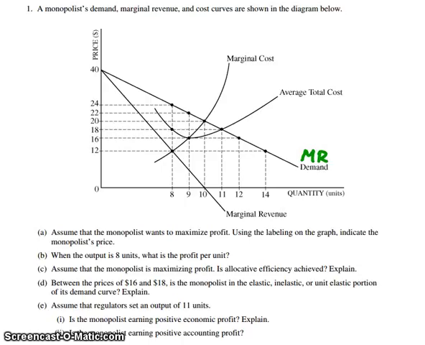So ignore the marginal revenue curve that was already on here, and they are going to produce the quantity where marginal revenue is equal to marginal cost, and that is at a quantity of 10 and a price of $20.